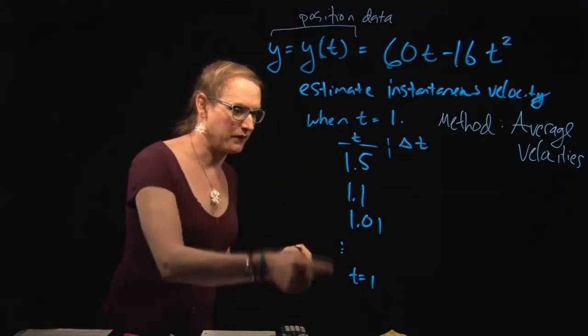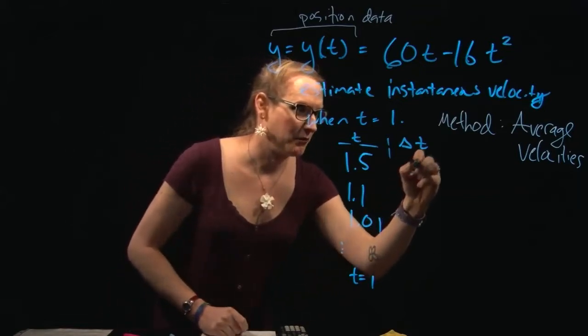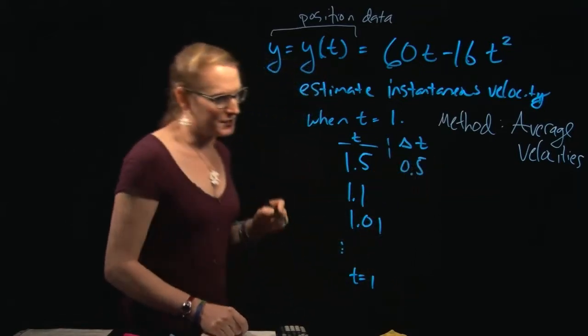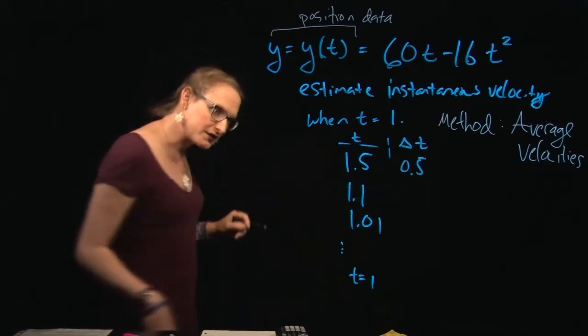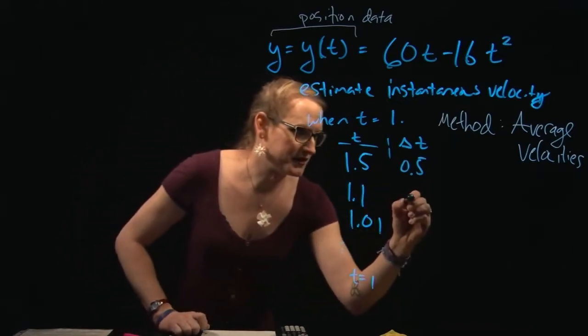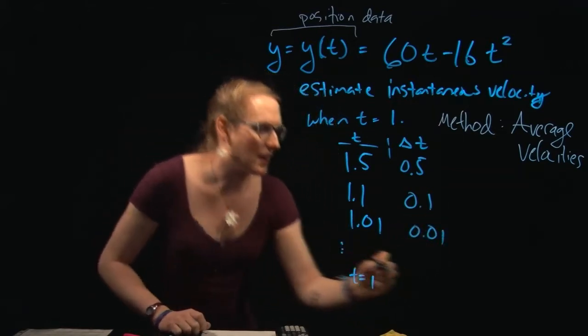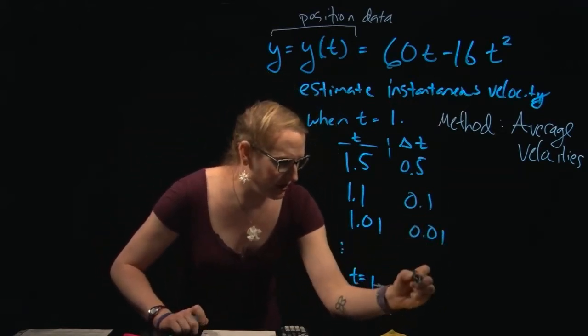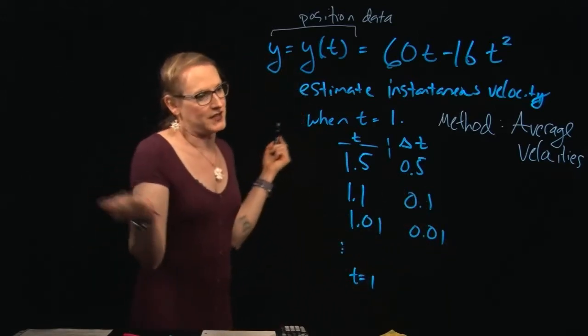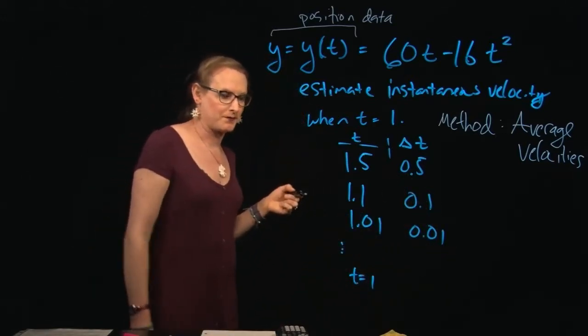So 1.5 minus 1 is 0.5, and I like putting zeros before because otherwise the dot gets lost, I feel. This one delta t is 0.1, then 0.01, and eventually we get down to 0, but I'm not going to write it because we can't actually compute anything at that point.